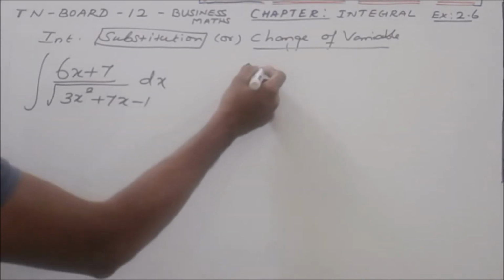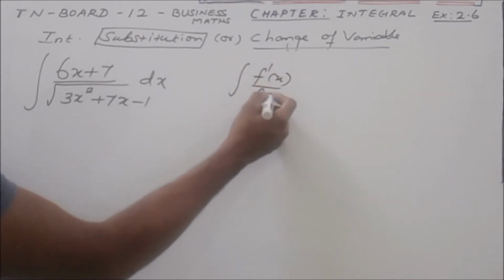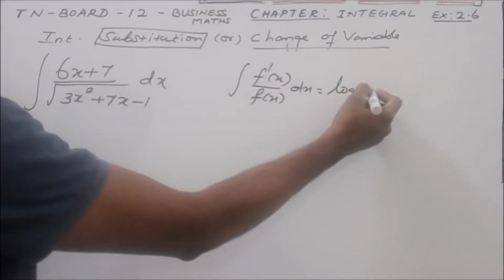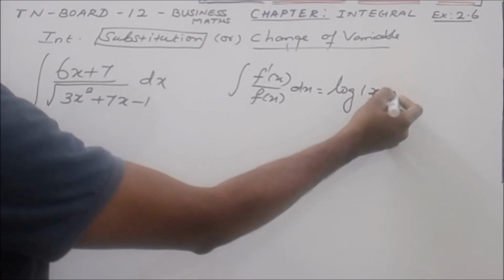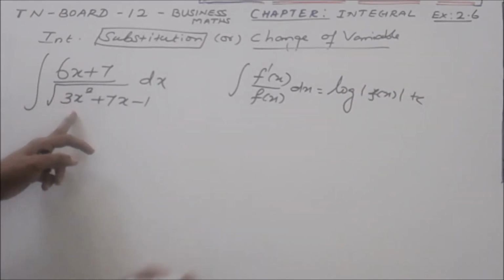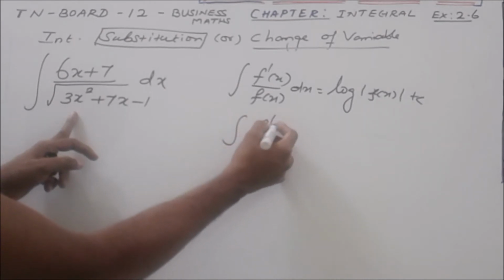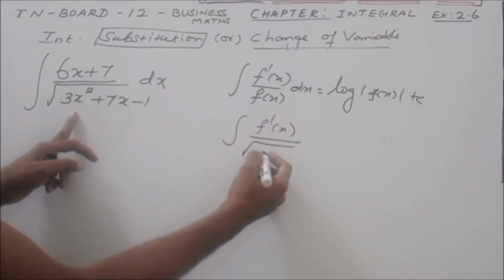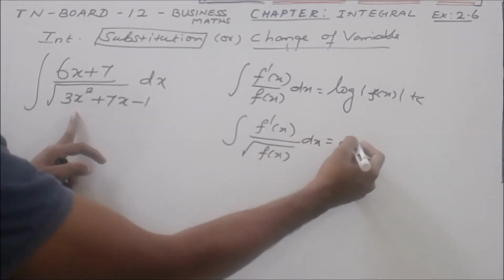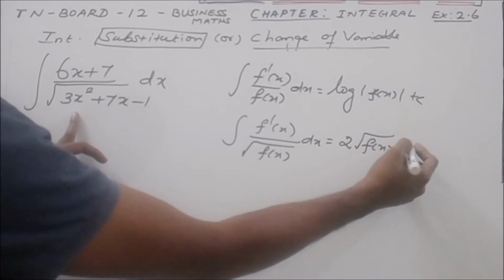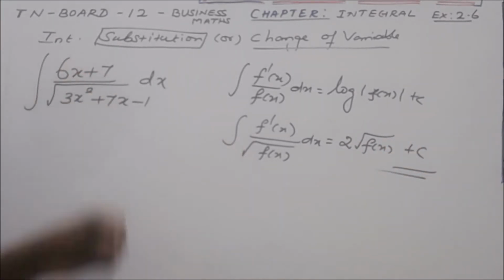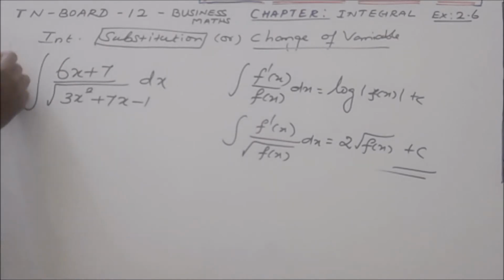The first one is integral f dash of x by f of x dx is equal to log of modulus of f of x plus c. And the second case related to this question is integral f dash of x divided by root of f of x dx will be equal to 2 times root of f of x plus c. This is the related formula to the given question 5.